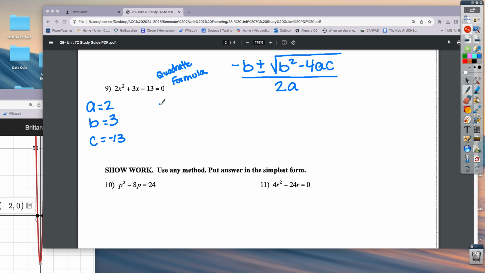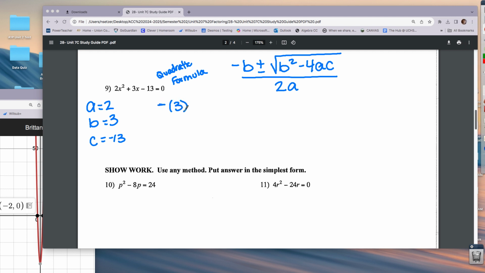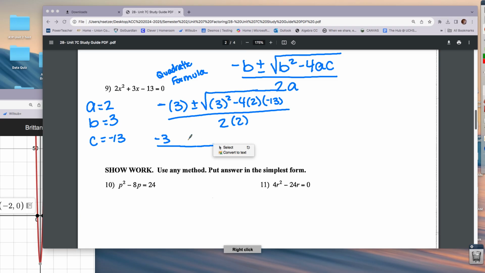So the opposite of b is negative 3, plus or minus the square root of b squared minus 4 times a, which is 2, times c, which is negative 13, all over 2 times a, which is 2. All right, so I like to write everything out and see it. The opposite of 3 is negative 3, plus or minus my square root, and then 2 times 2 is 4.